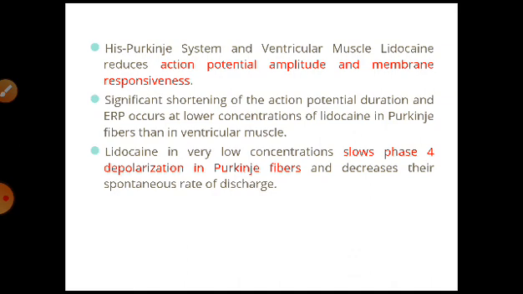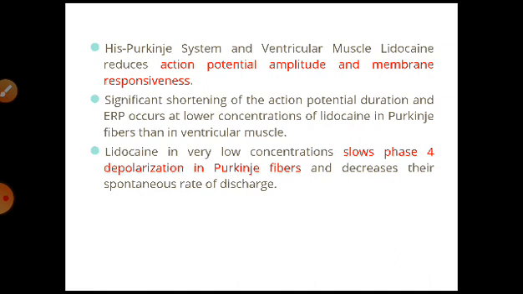His-Purkinje system and ventricular muscle: lidocaine reduces action potential amplitude and membrane responsiveness. Significant shortening of the action potential duration and ERP occurs at lower concentrations of lidocaine in Purkinje fibers than in ventricular muscle. Lidocaine in very low concentration slows phase 4 depolarization in Purkinje fibers and decreases their spontaneous rate of discharge.